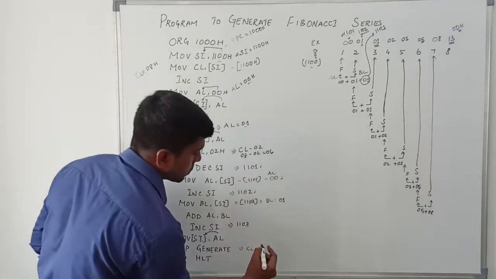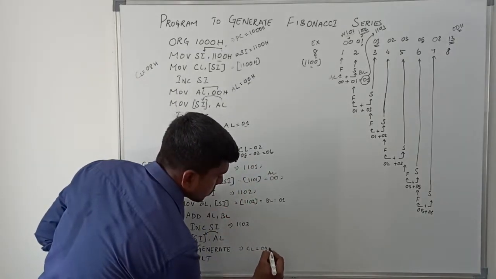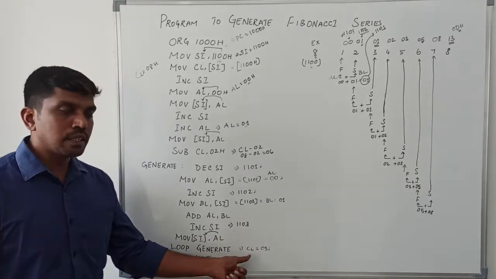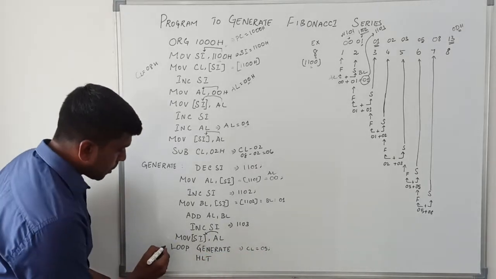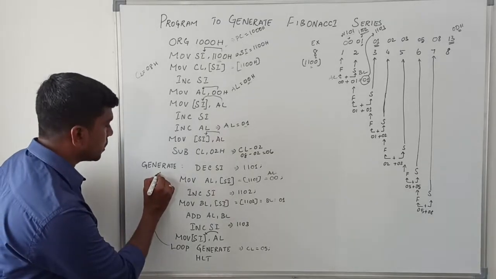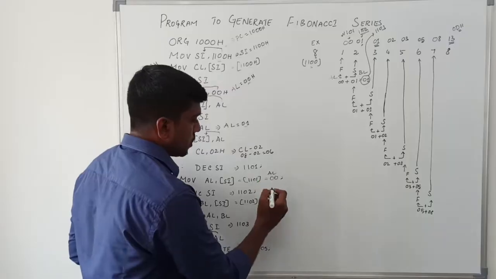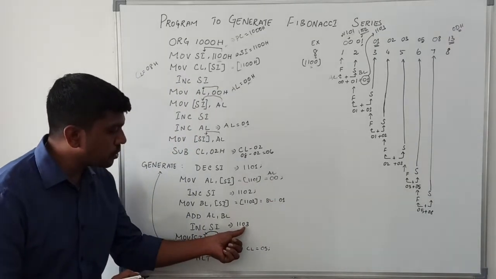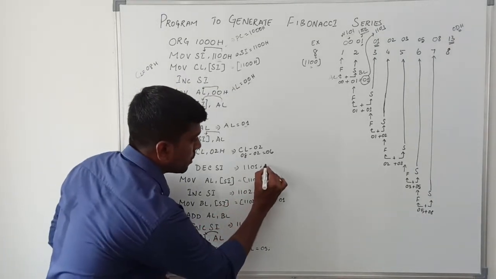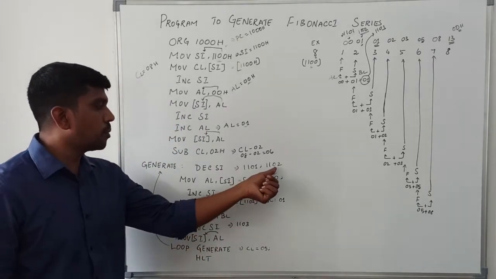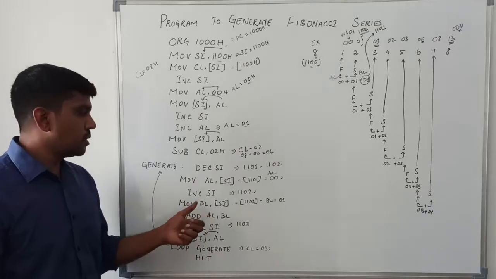The CL value is 06, so now decremented by 1, 05 is stored in the register CL. Then the program counter jumps to the loop label. DEC SI. The SI value is 1103, so after decrementing, you get the result 1102. This 1102 is loaded to the SI register.